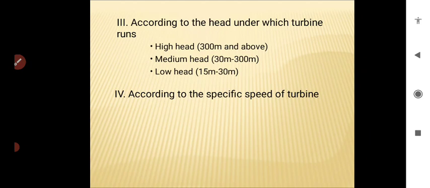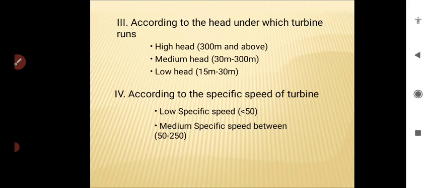And now the fourth one, according to the specific speed of the turbine, there are again three types: low specific speed turbine, medium specific speed turbine and high specific speed turbine. The low specific speed is between 10 to 50, known as less than 50.